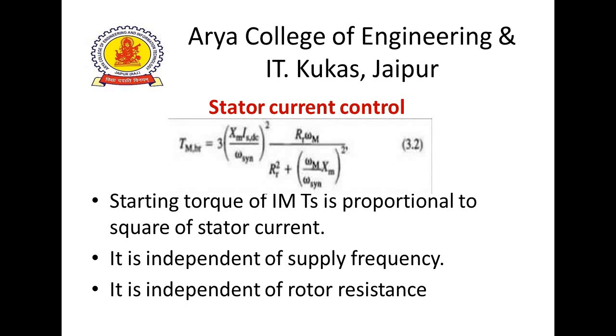Next is stator current control. Starting torque of induction motor Ts is proportional to the square of stator current. It is independent of supply frequency and independent of rotor resistance.